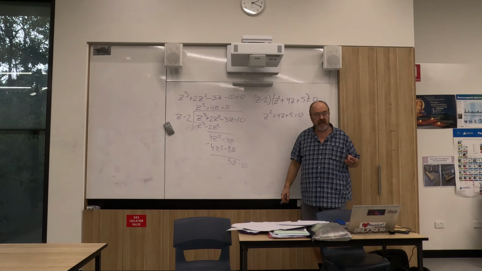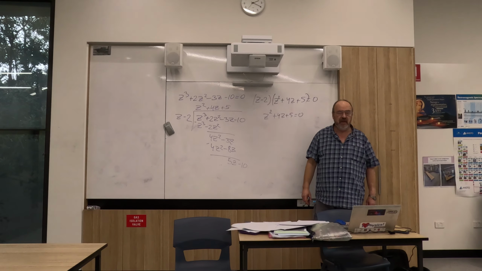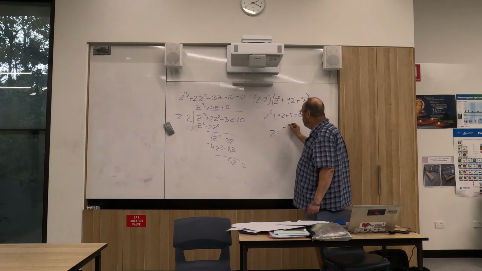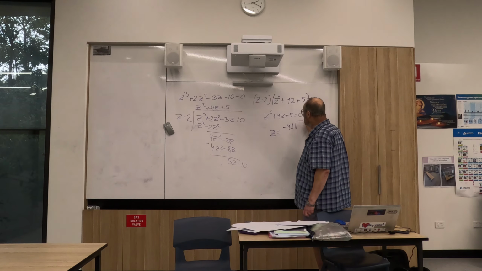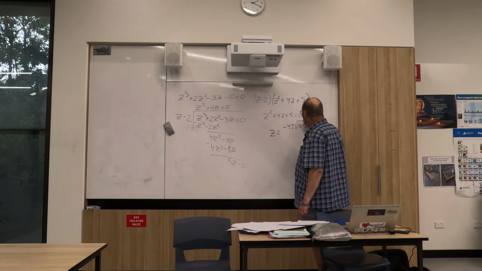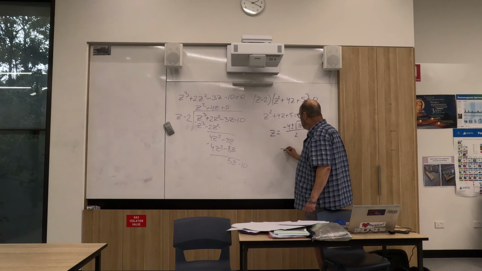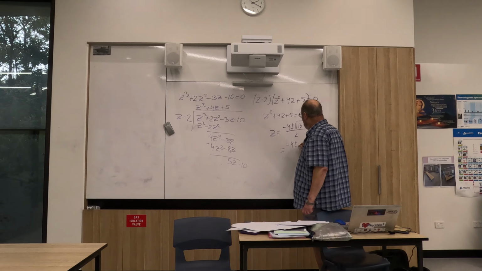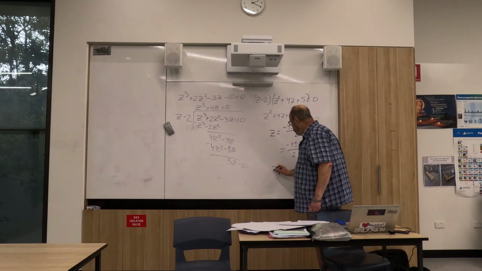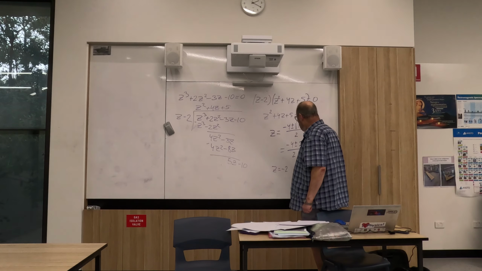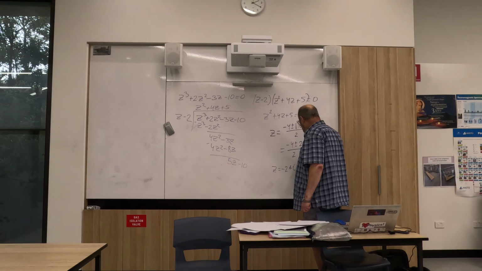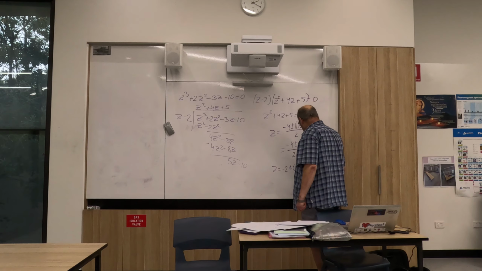In real numbers it doesn't have any solutions, but in complex numbers it has two solutions: z equals minus 4 plus or minus the square root of 16 minus 20, over 2, so minus 4 plus or minus 2i over 2. So we have two more solutions: minus 2 plus i or minus 2 minus i.